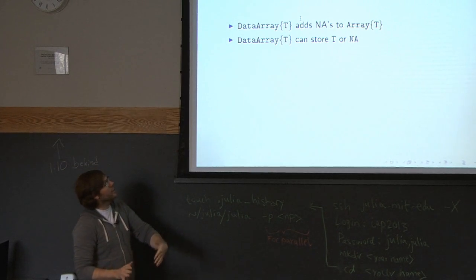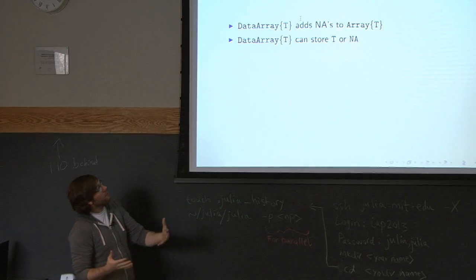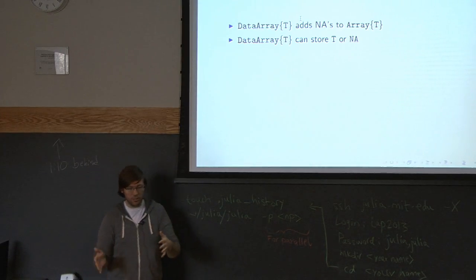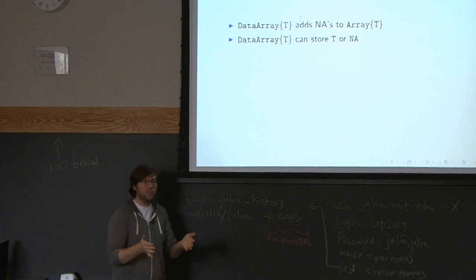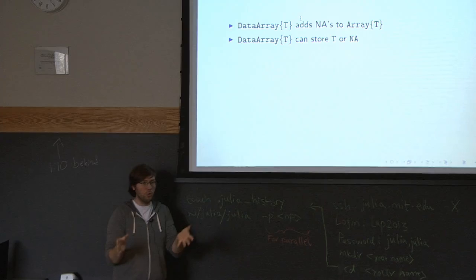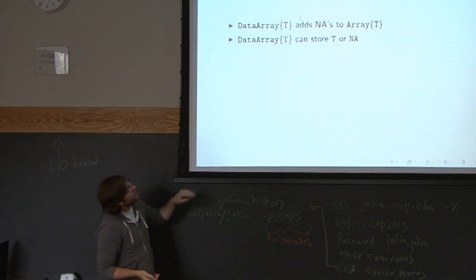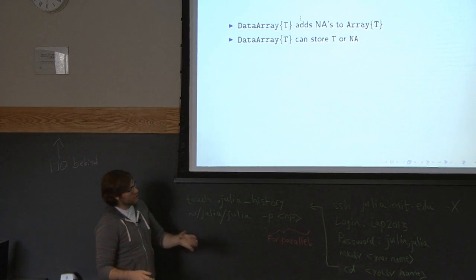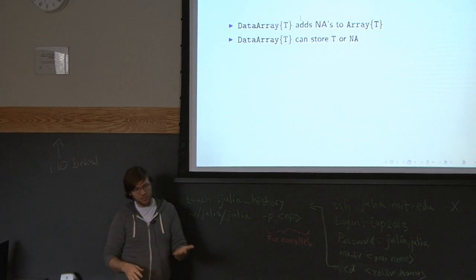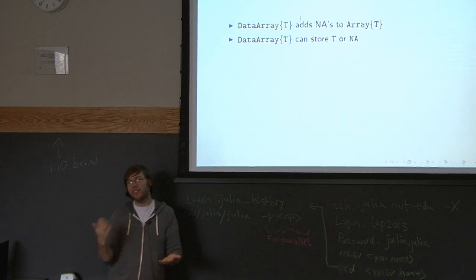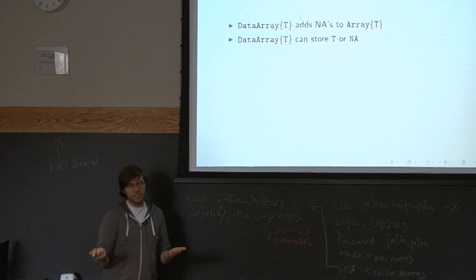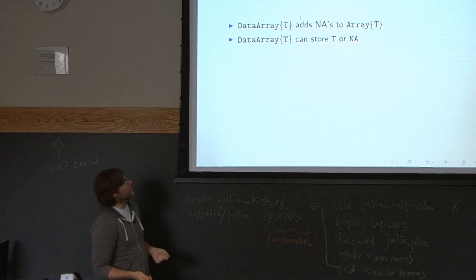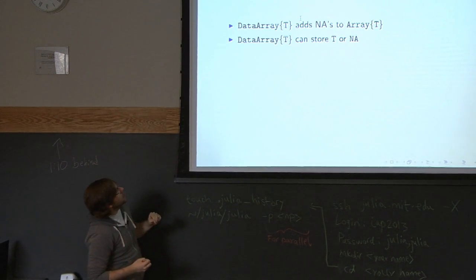But now suddenly a data array whose parameter type is T can store either things that look like T, which might be, say, a floating point value, or they can also store this new value NA. And this is the only additional thing. And we actually get this under the hood by having all of the original data stored as an array, and then side by side with it there's a bit array, which is a single bit for every value saying whether this thing is NA or not. And so that's how we get sort of the cheapest way of expressing NA.